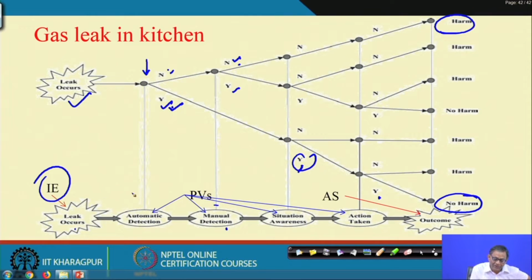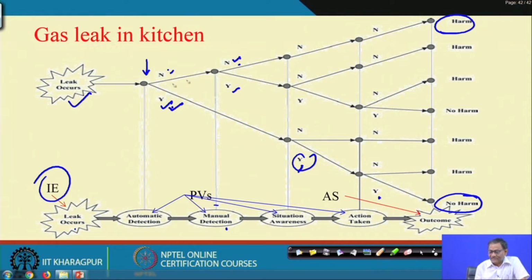The system wants equilibrium. So what will the system do? If leakage is a disturbance, a deviation, the system wants to fight against it. If it fights successfully, it leads to the no harm case; if it fails, it goes to the harm state.